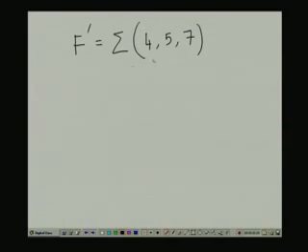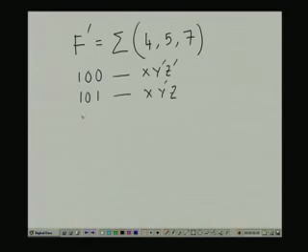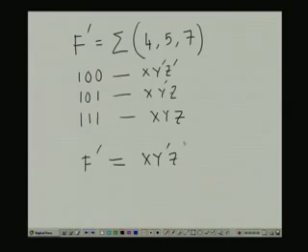What will be the terms? 4 means 1 0 0, so this becomes x y dash z dash. 5 means 1 0 1, this becomes x y dash z, and 1 1 1 means x y z. So, my f dash becomes x y dash z dash plus x y dash z plus x y z.